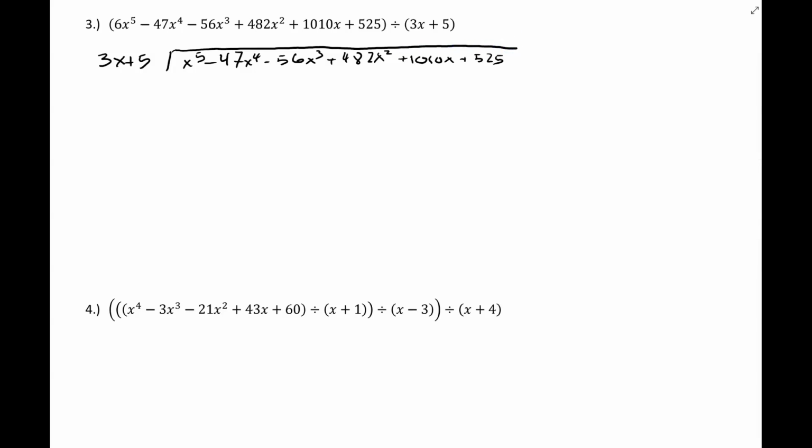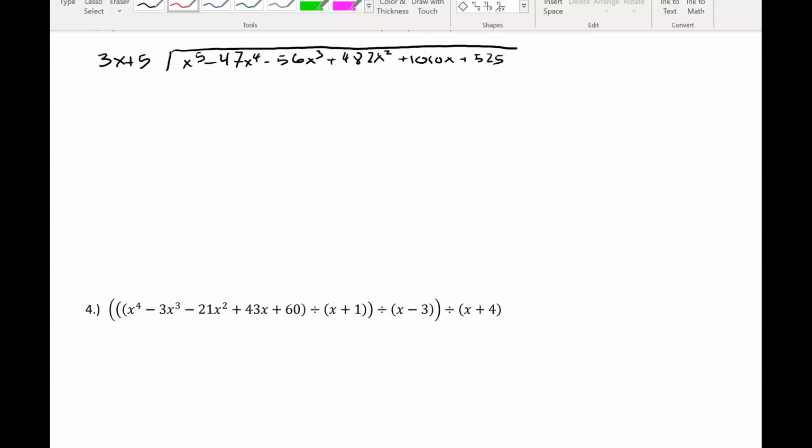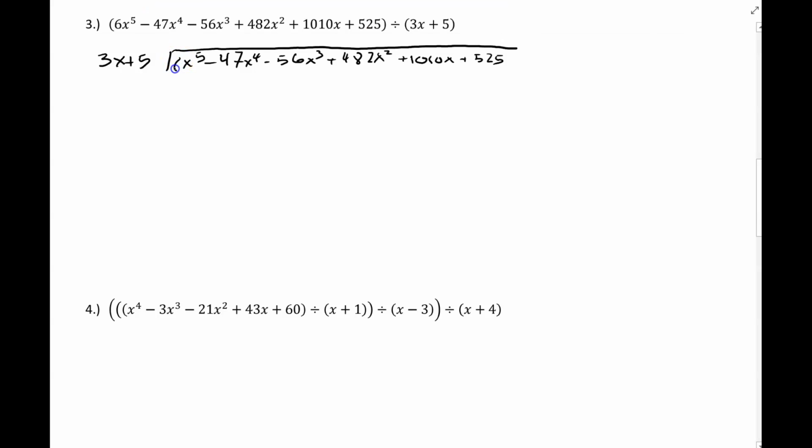Okay. So I start by asking myself the question, what times 3x gives me x to the 5th? I did not mean to get rid of the 6. That's very important that that's there. Thank you. All right. What times 3x gives me 6x to the 5th?